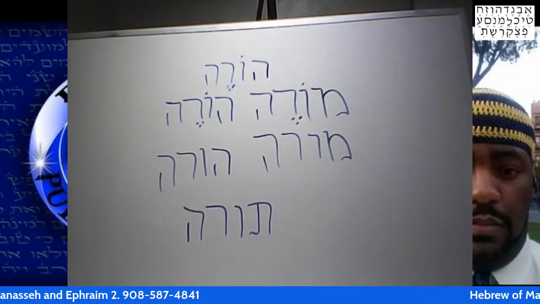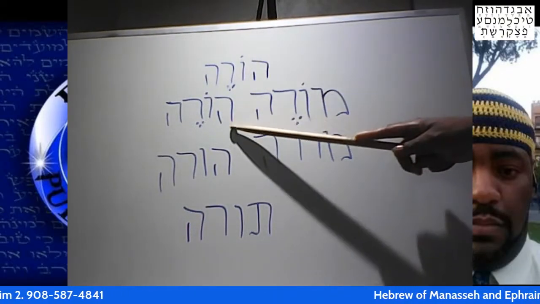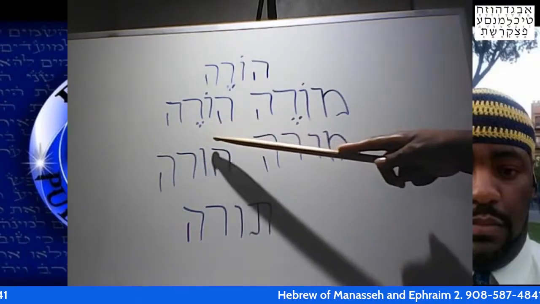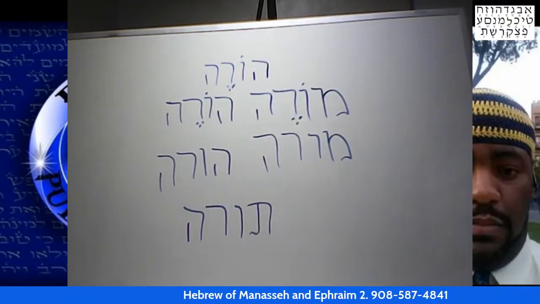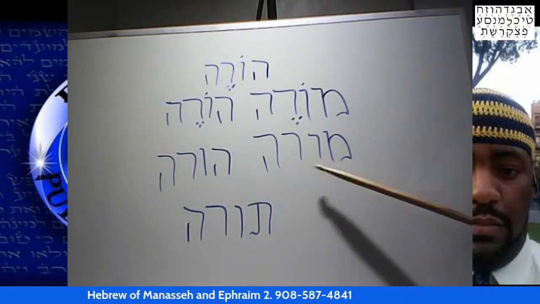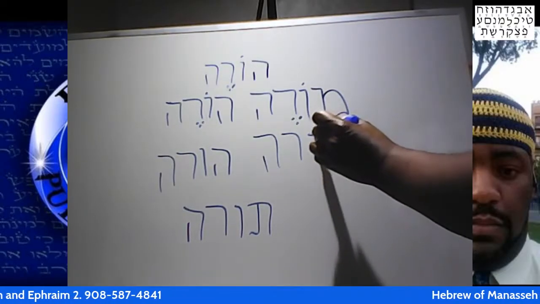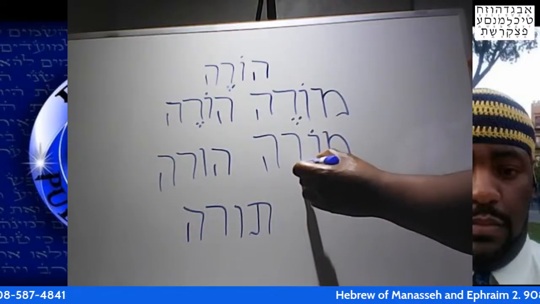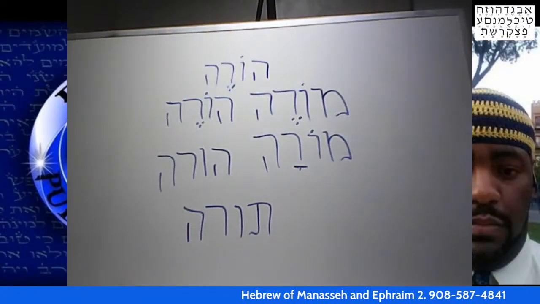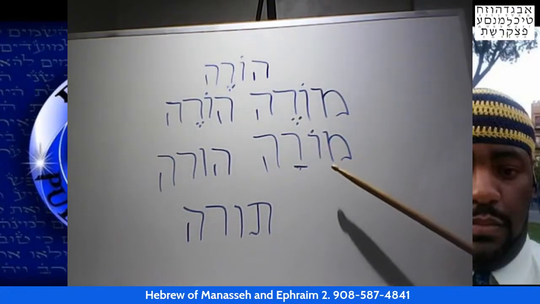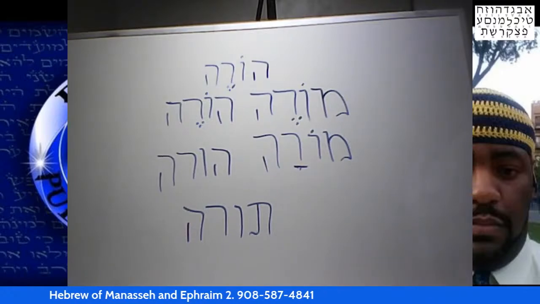Now, in this case, we're not dealing with it as a verb, but as a noun. And this means parent, a male parent. Now we have this word here, and we have it as morah. The word morah meaning teacher, a female teacher.